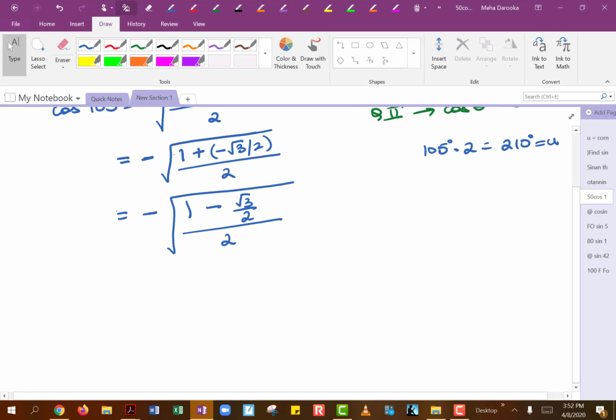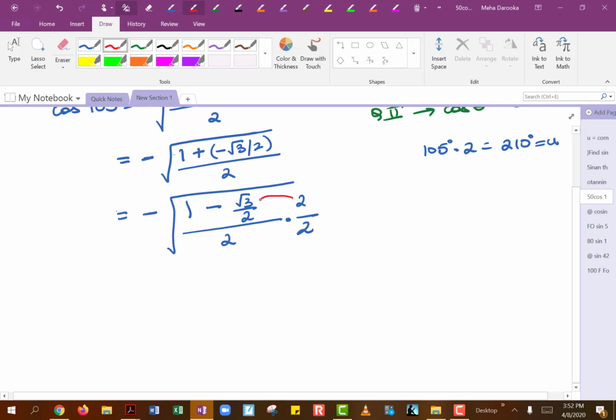Now if you wanted to get rid of the fraction over here, what you can do is again multiply both numerator and denominator by 2.